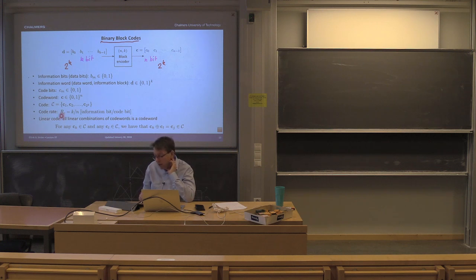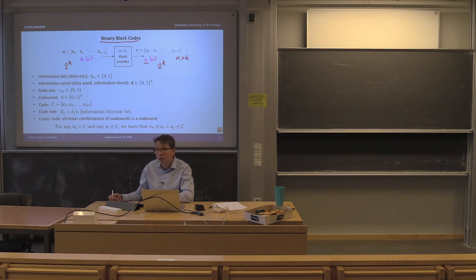The code rate is the ratio between the number of input bits to the output bits. And the number of output bits, n here, is always greater than k for any practical block encoder. It could be equal to k also, but that's not super interesting.